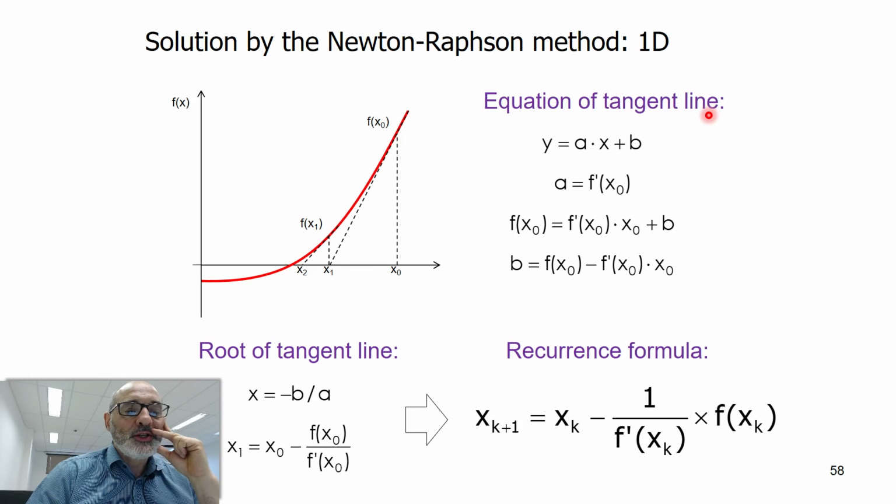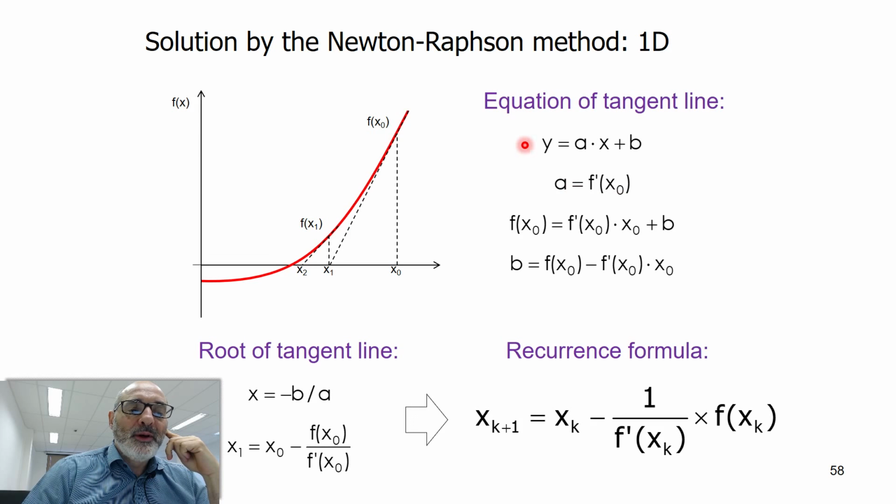So in order to calculate the tangent line, its generic form is y equals a times x plus b, okay? Since it is the tangent line, it has the same inclination, so the derivative is the same, a equals f prime, okay?